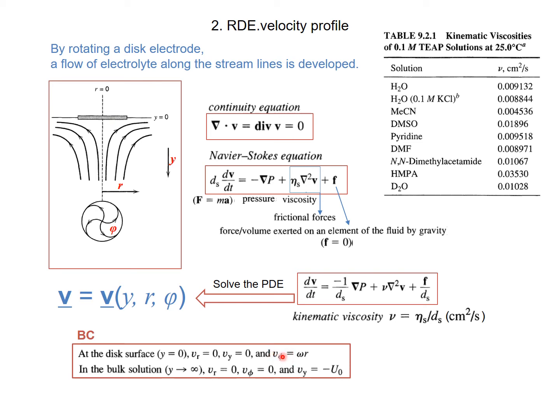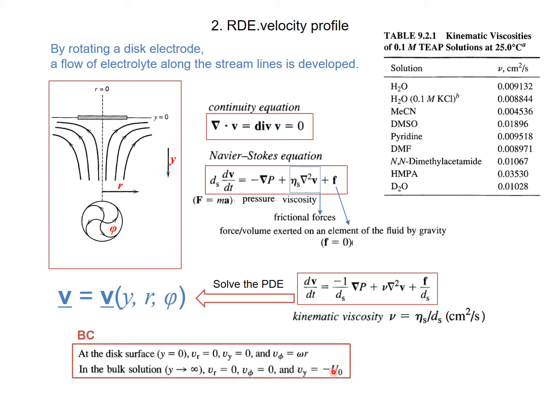And the phi component of velocity is equal to omega r, making the centrifugal forces. In the bulk solution, as y approaches infinity, of course there is no radial velocity and no angular velocity, but the velocity of y at a location far from the surface of the electrode is some constant velocity.